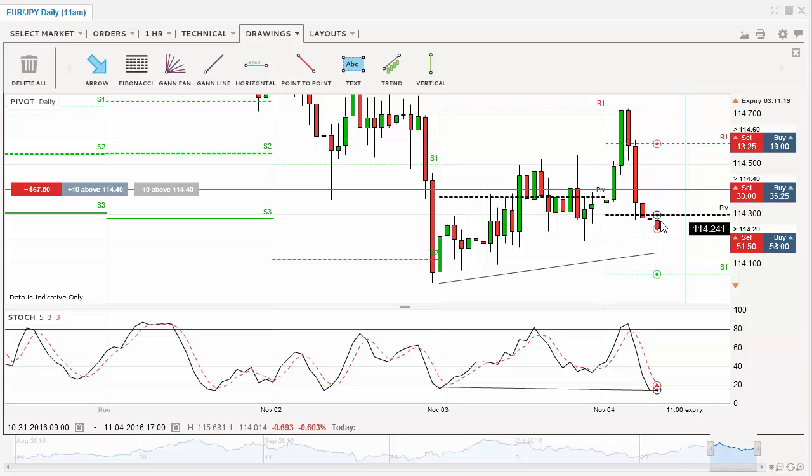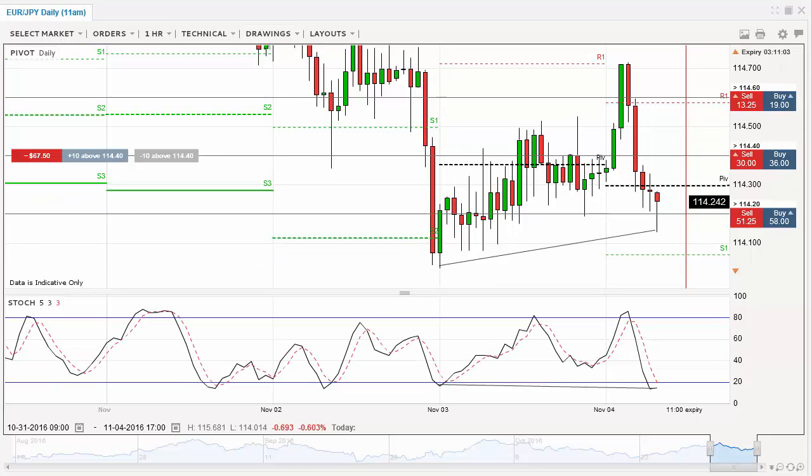Price did not. That's called hidden divergence. And this is where I'm expecting it to go up and take out this high, off of the hidden divergence. Now we do have non-farm employment numbers coming out in about 45 minutes. So that may affect the trade as well.